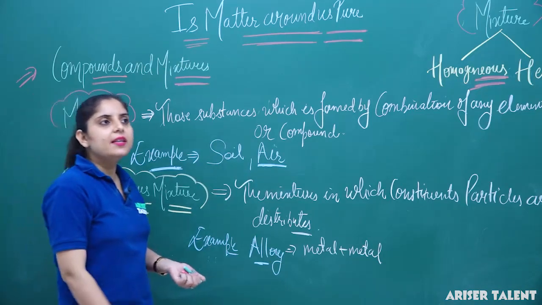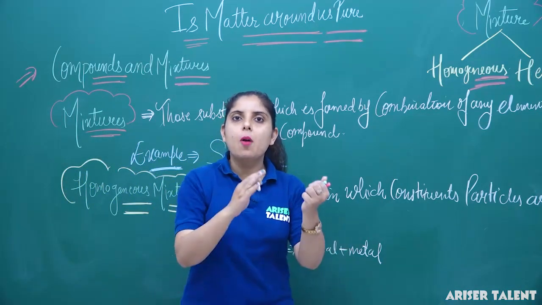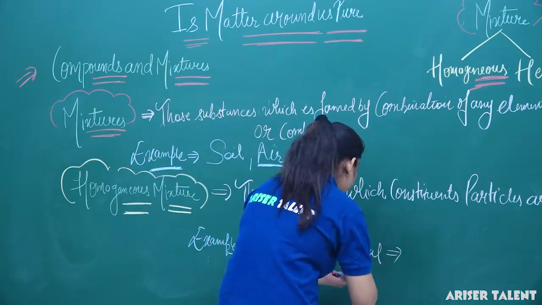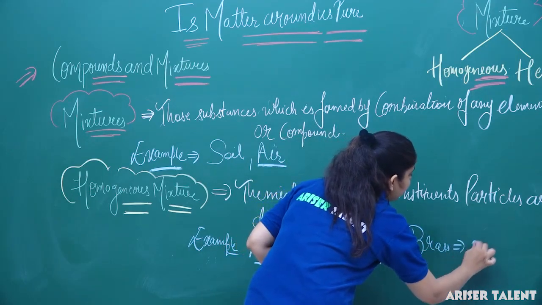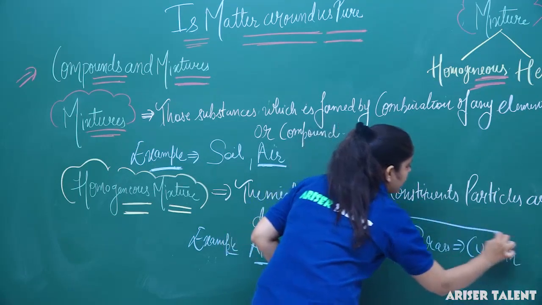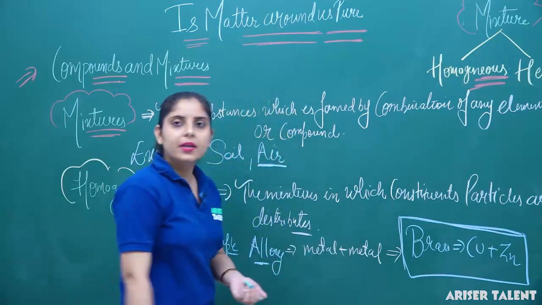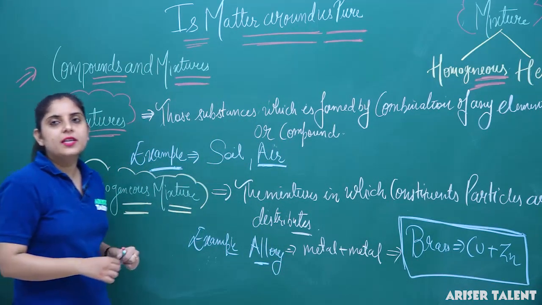If I am considering brass as an alloy, brass is actually a combination of copper and zinc, and they both are metals. So brass will be copper plus zinc. So you can see that this is a homogeneous mixture you have. Clear?